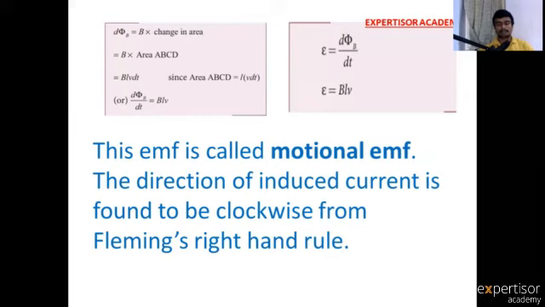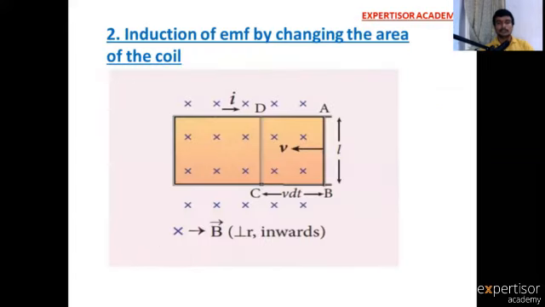The thumb represents the force applied, the forefinger indicates the magnetic field, and the middle finger indicates the induced current direction. So this is the second method to find the induced EMF.